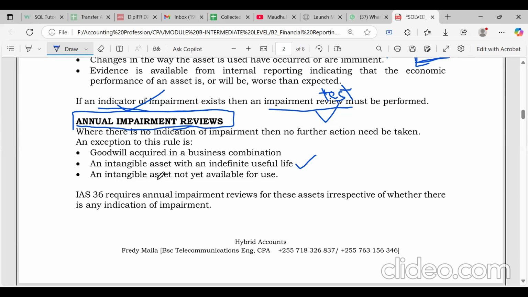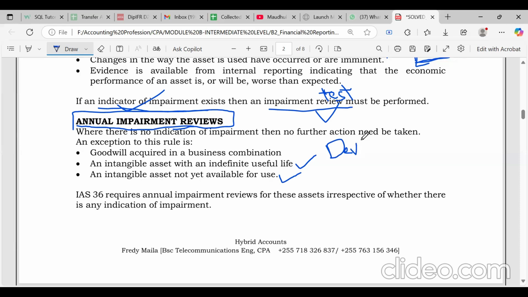But also an intangible asset not yet available for use. I gave you an example yesterday when we were dealing with that question on intangible assets, where we were dealing with development cost. When you're still developing something, you'll just be accumulating the cost.